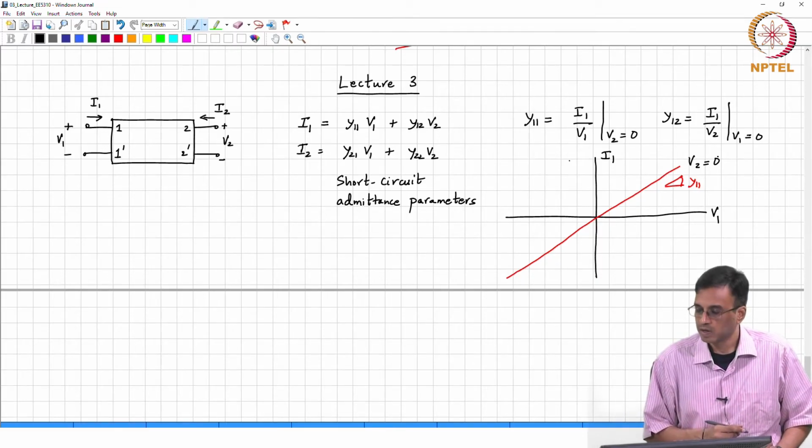Now for V2 equal to, say, 1 volt, what do we see?